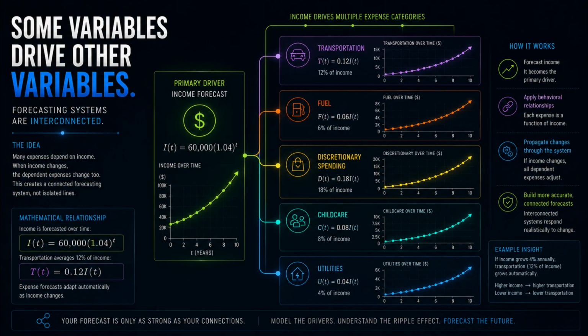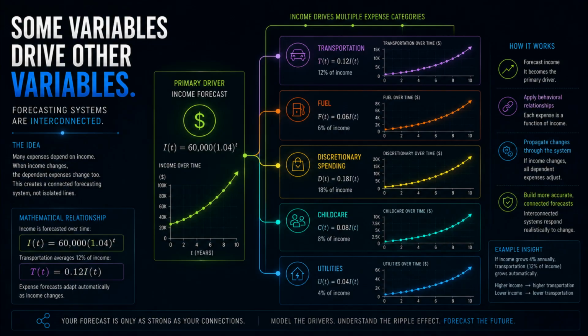Mathematically, this may resemble: if income is forecasted as a function of t, meaning income is a function of time, equals 60,000 times 1.04, which is assuming a 4% increase over time, raised to t, which is the number of years. And let's say transportation historically averages 12% of income, then transportation expense becomes 0.12 times the income function.